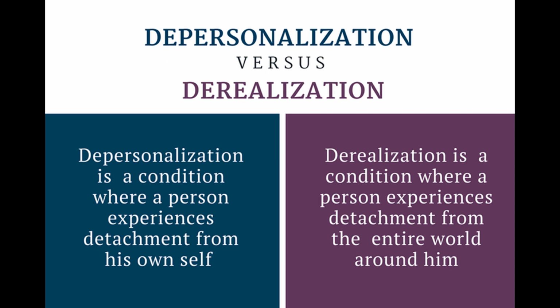Depersonalization is a form of dissociation that refers to persistent and recurrent experiences of feeling detached from oneself, like a sense of disconnect from the mind or body. Derealization is another type of dissociation, which refers to a persistent or recurrent experience of unreality of surroundings and can be described as a feeling of detachment from the world.